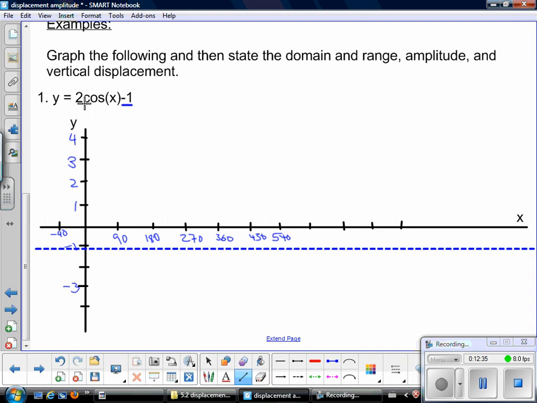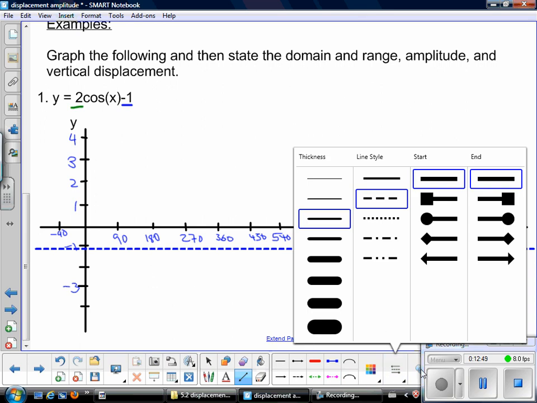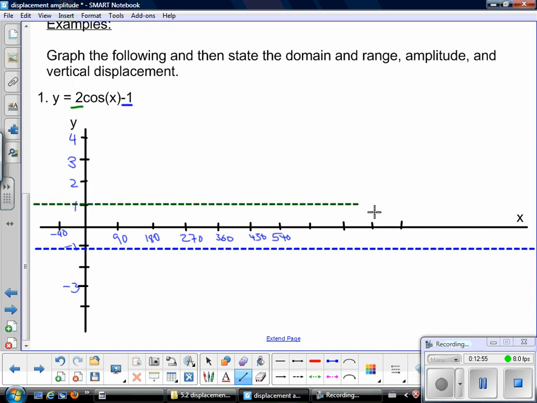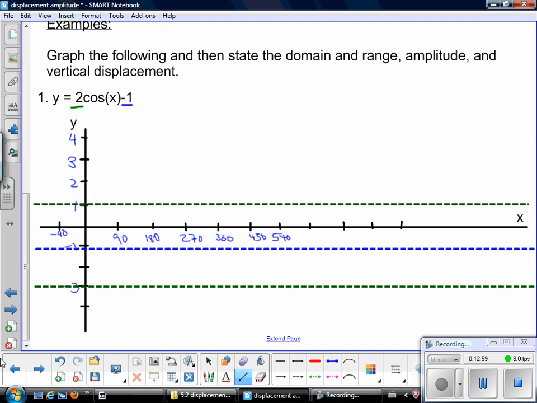Okay, my amplitude, I look at the front and it says that it is +2, so I'm going to go up 2 and down 2. So again, if I draw a dotted line. Now, are there other ways that you can do this? Yes, there are. However, this is the fastest way to actually draw them.